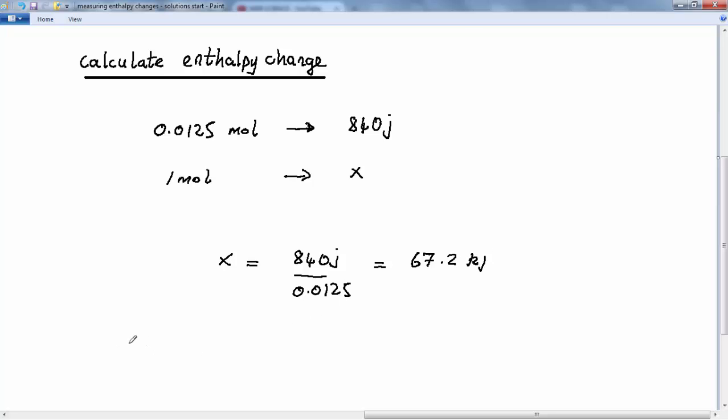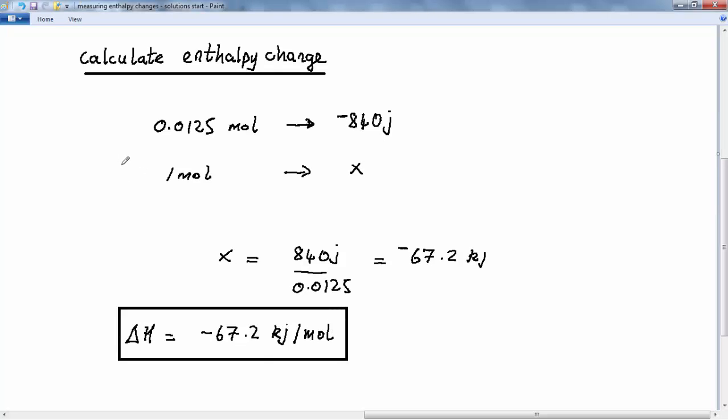So the enthalpy change for this reaction is equal to, and that should be a minus actually, because energy is being released. It's an exothermic reaction. It is minus 67.2 kilojoules per mole.